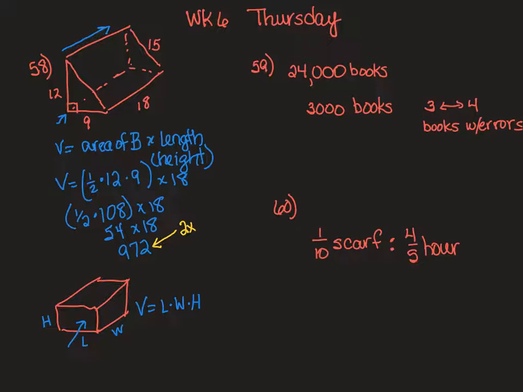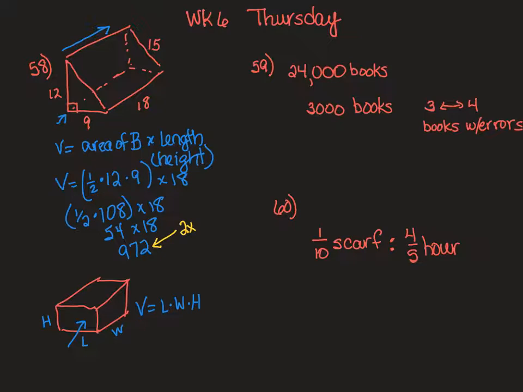they're saying that the publishing company has 24,000 books published, and they have a rate of 3 or 4 books with errors out of every 3,000 books. So I have 24,000 I'm printing, and out of every 3,000, I have 3 or 4 books that have errors.